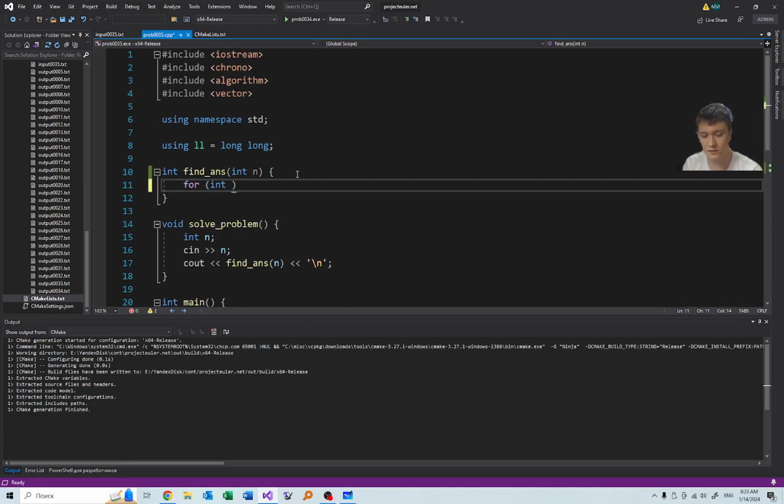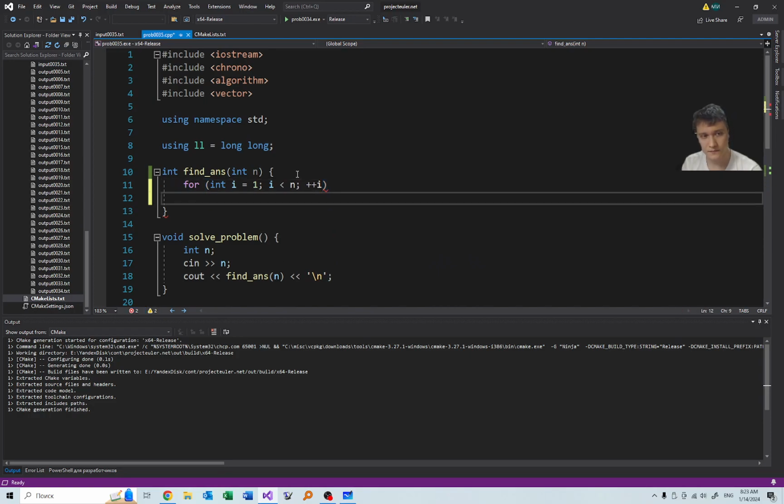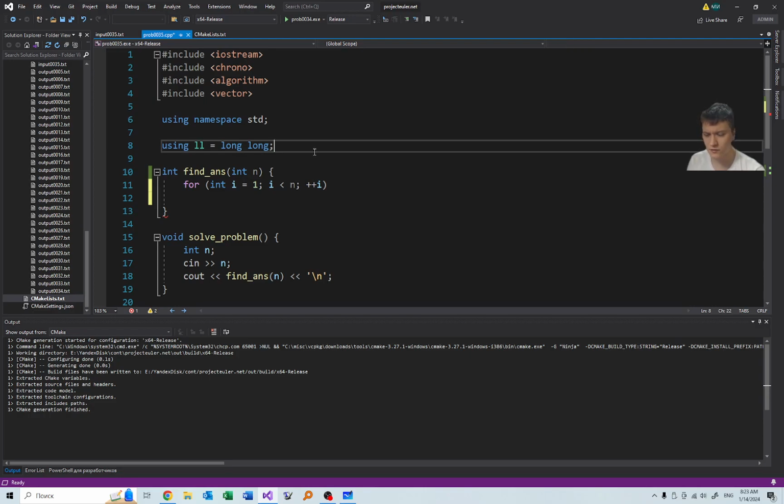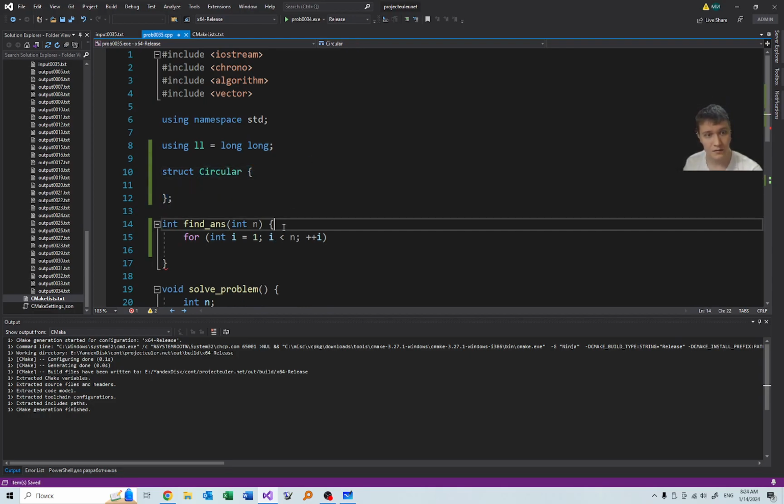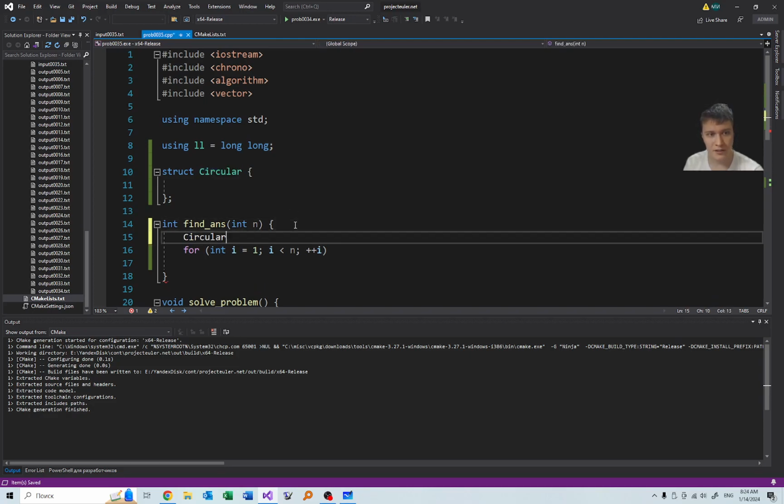Let's write a function which iterates over all numbers from 1 to n, and it checks. Let's make a structure which checks, and we create a structure. We initialize it with number n.